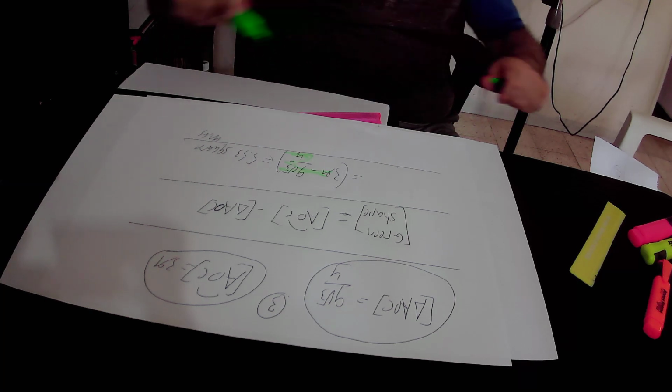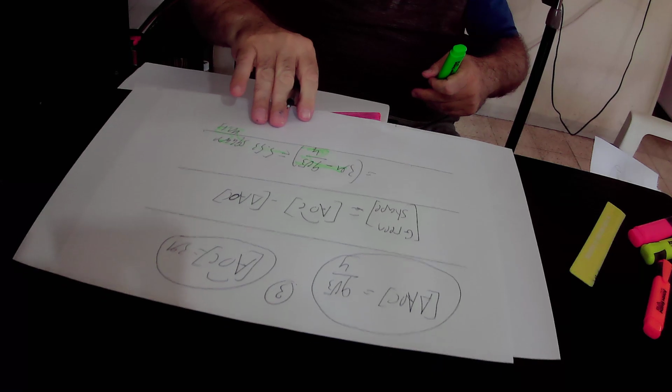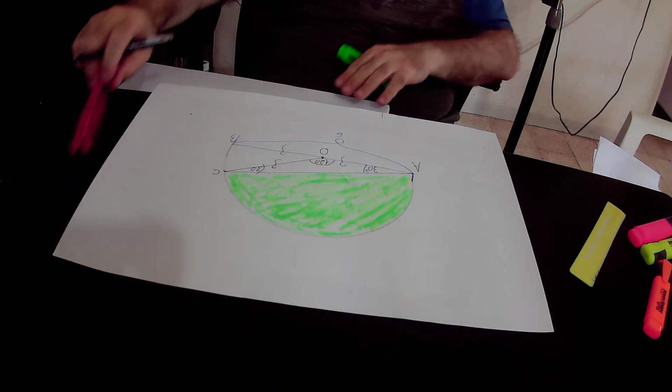Okay, so we finished with the first method. In the next step, I will present how to find the area of this green shape according to the second method.